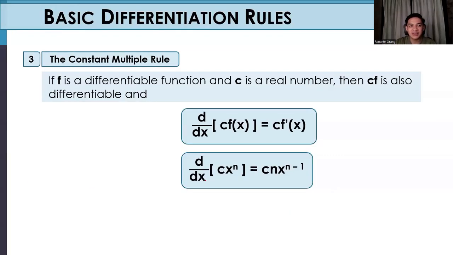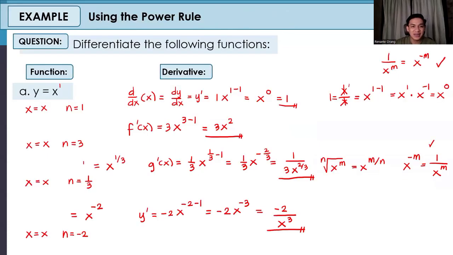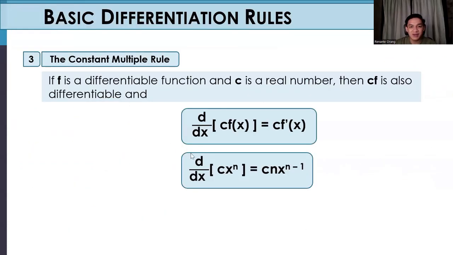Our third rule, class, is called as constant multiple rule. Ibig sabihin, yung ating rule kanina, which is the power rule, dadagdagan lang natin ng constant sa kanyang front.